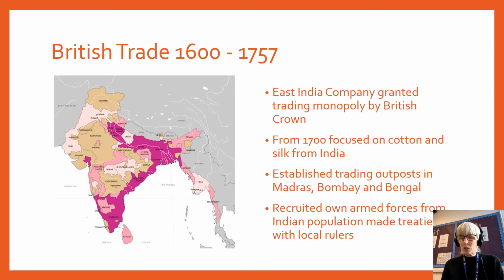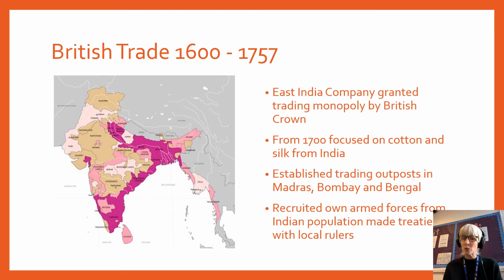Once they established their trading posts, the East India Company recruited armed forces to protect their trading posts, their wealth and their property. These armed forces were recruited from the Indian population, and the East India Company grew increasingly powerful and became actually political rulers and started making treaties with local rulers.